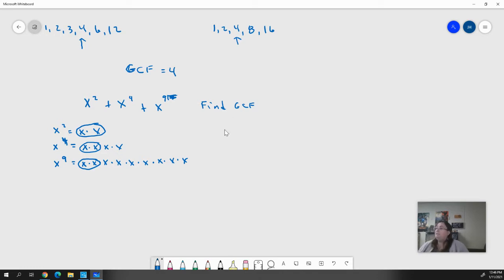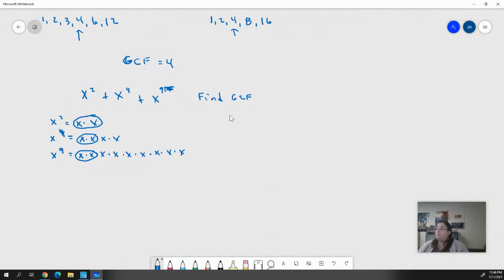So if I need to factor this to its simplest form, factor out its greatest common factor, I would have x squared plus x to the 4th plus x to the 9th. Its greatest common factor when I factor something out would be x squared is what I'd pull out.